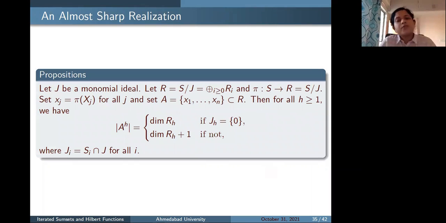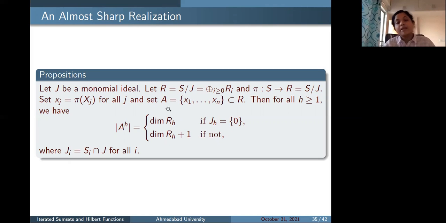Now, coming to our next proposition, what does it say? Suppose I have J to be the monomial ideal and I'm taking R to be S/J. I'm considering pi to be the mapping from S to S/J, and I'm setting x_j to be pi of capital X_j for all j.